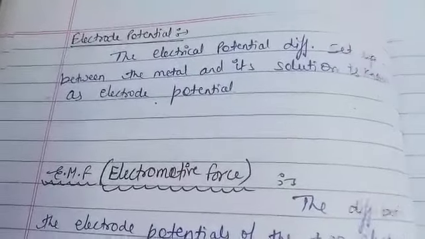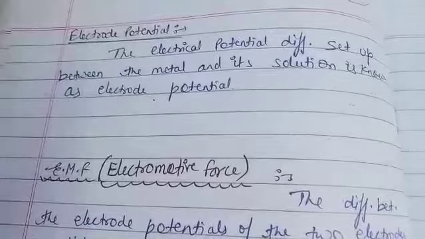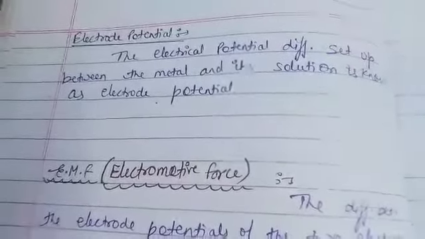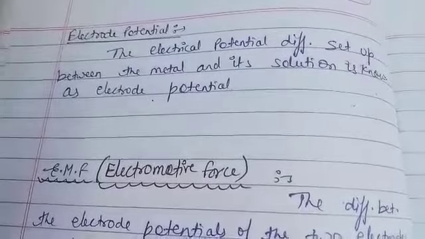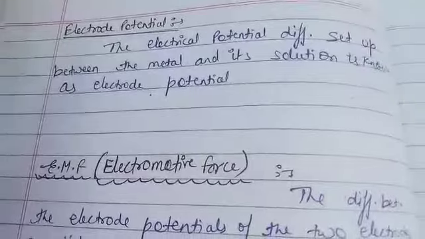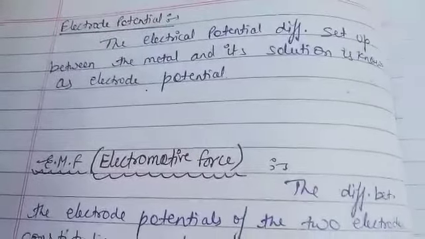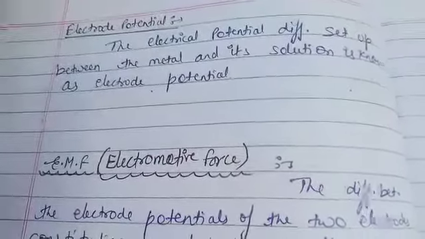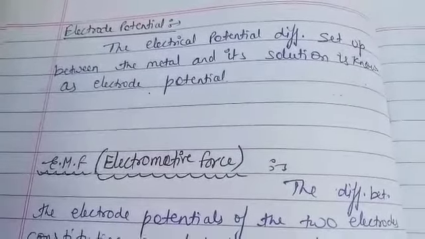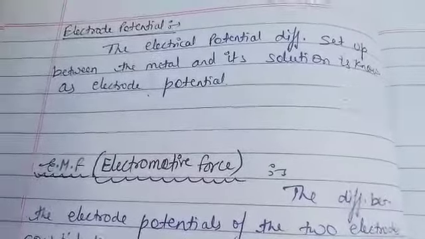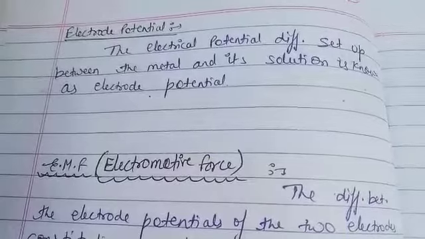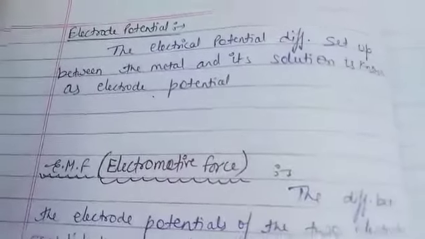But now children remember one thing, that one is according to present convention. What we are now reading newly, this oxidation potential and reduction potential, is an old concept but it's not wrong. But according to present convention, the half cell reactions, whether oxidation half or reduction half, are always written as reduction half reactions, and their potentials are represented as reduction potentials.